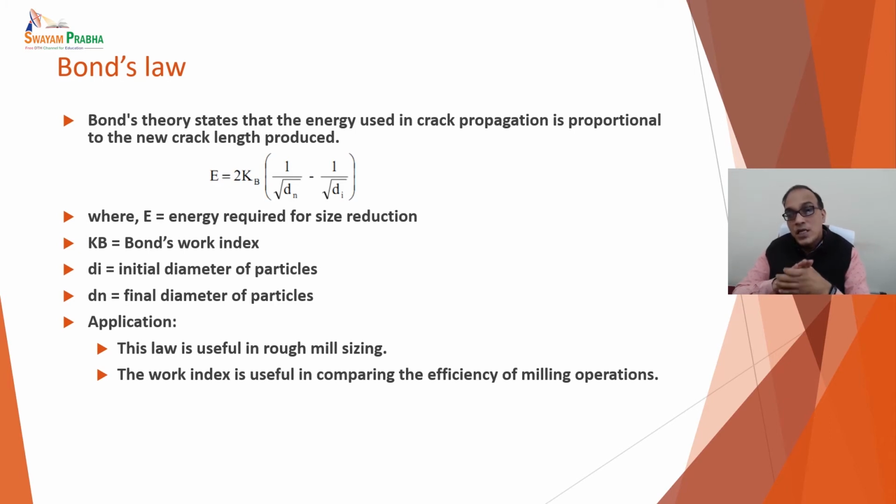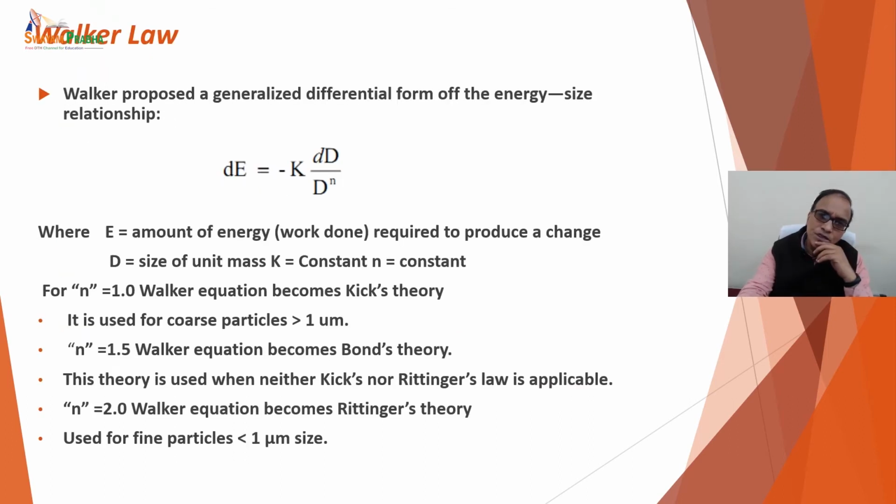E is equal to 2K into 1 upon square root Dn minus 1 upon square root Di, where E is the energy for the size reduction, K_B is the Bond's work index, Di is the initial diameter of the particle, and Dn is the final diameter of the particle. This law is useful in rough mill sizing. The work index is useful in comparing the efficiency of milling operations. So this was all about Bond's law.